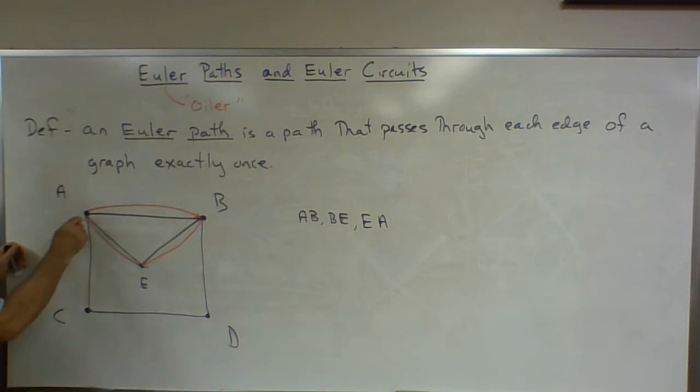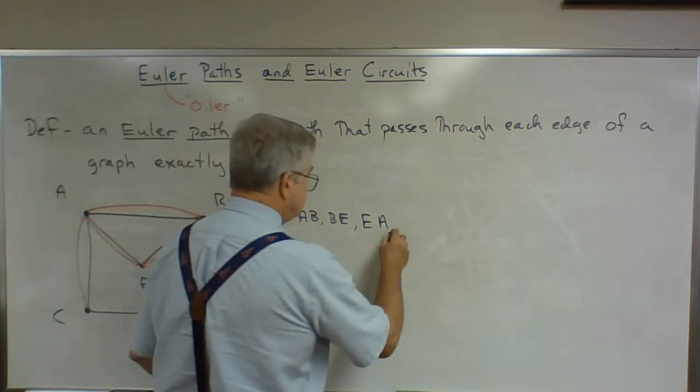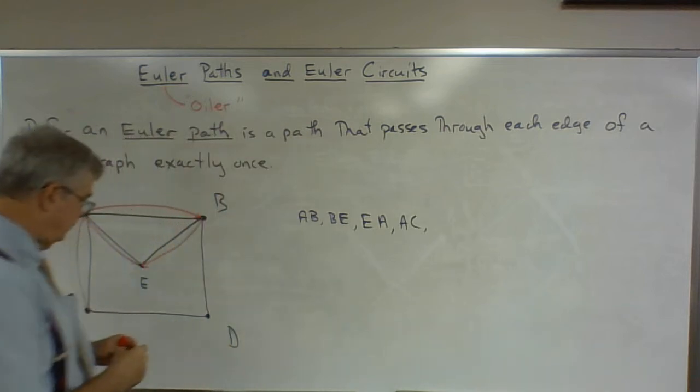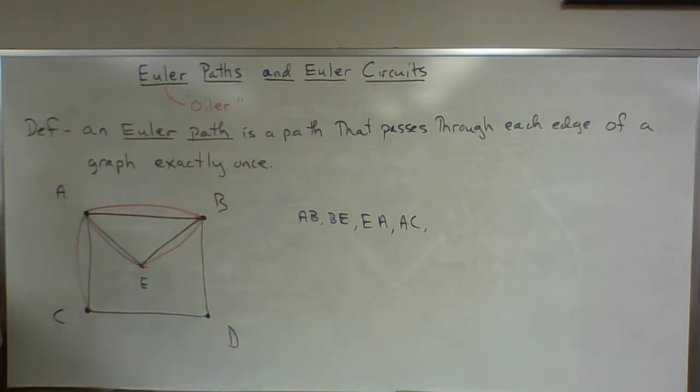And then I think I'm going to come down here to vertex C. And that covers this edge from A to C. And from here, I think it's obvious what I have to do now.